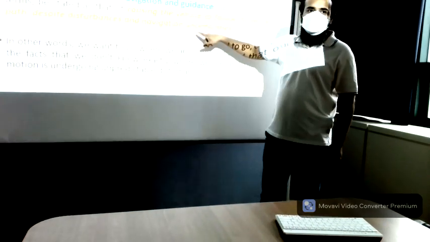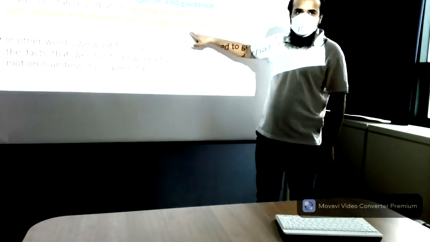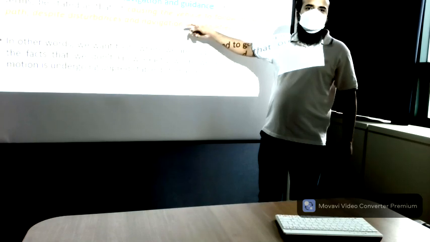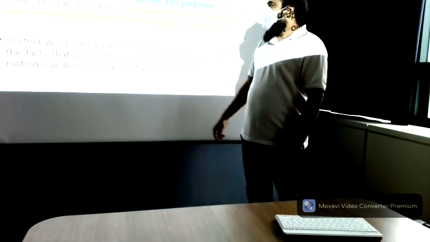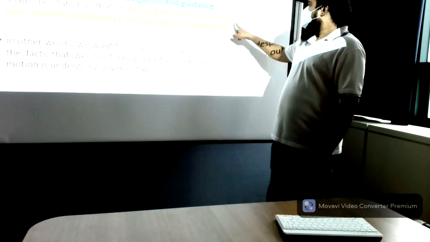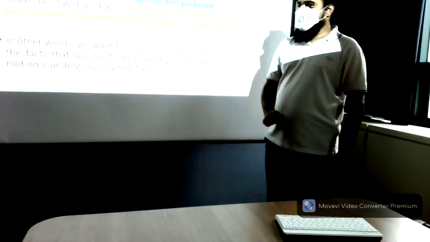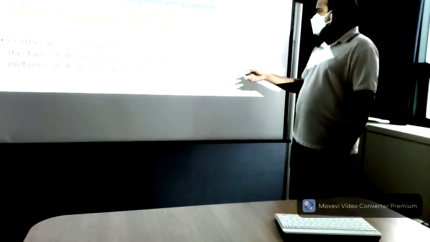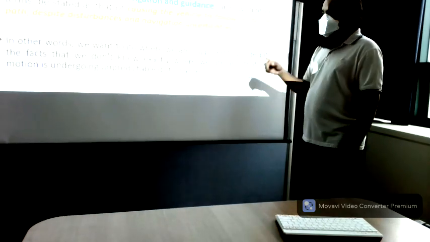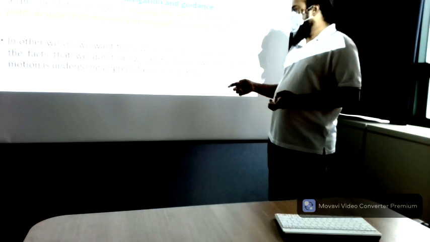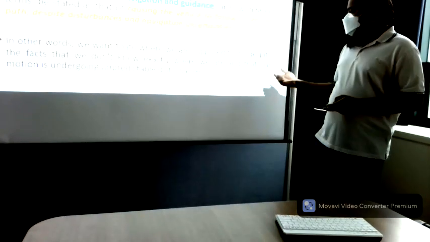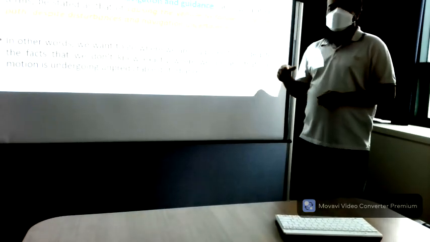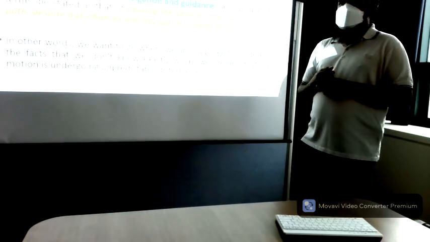Uncertainties mean the measurements, the radar or sonar measurements. So we want the vehicle to follow its desired path. In other words, we want to go where we are supposed to go, despite the fact that we don't know exactly where we are and that our motion is undergoing unpredictable disturbances.